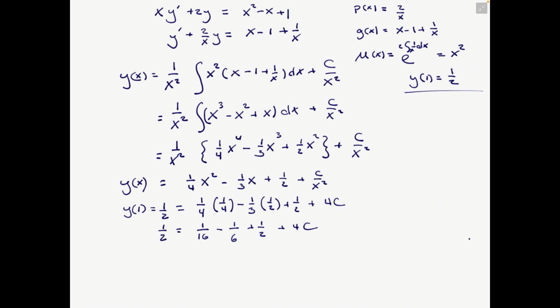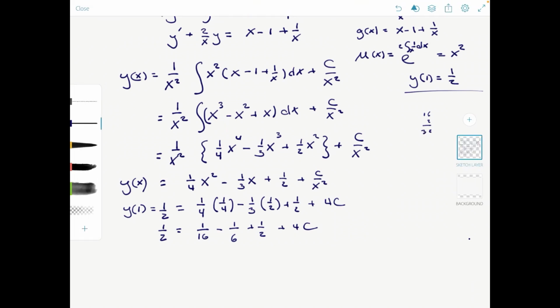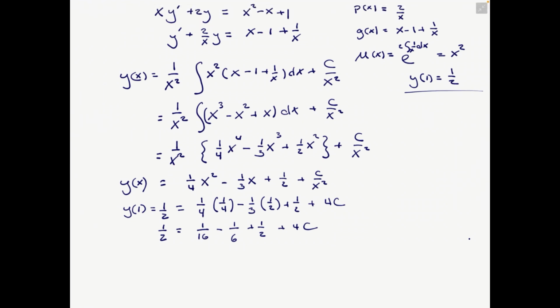All right, so let's see. What's 16 times 2? 32. That doesn't work. 16 times 3, that should be 48. 48 should work. 6 times 8 is 48, and 2 times 24 is 48.